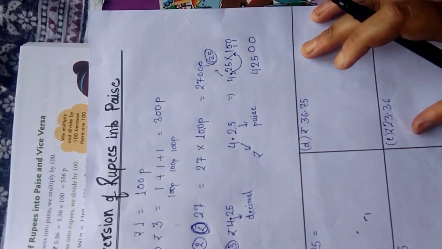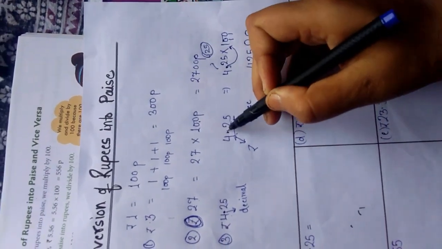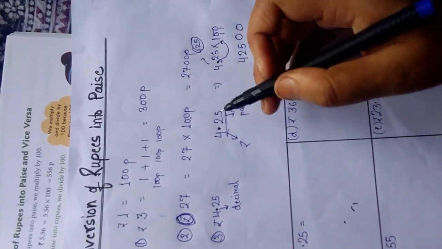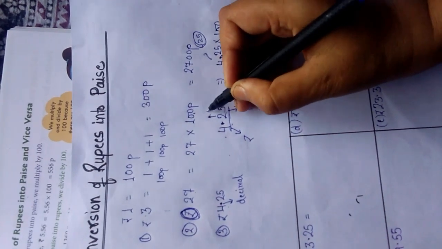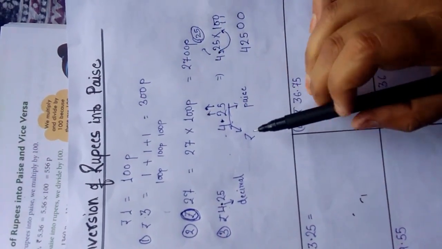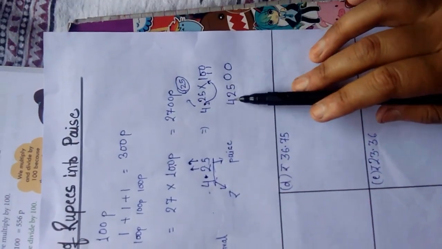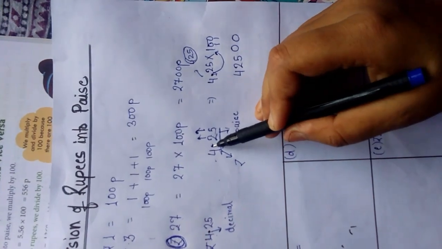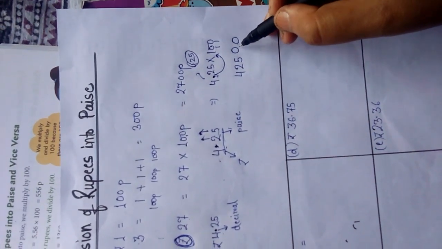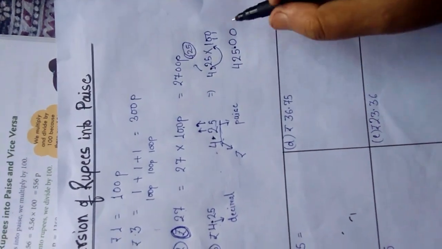425.00. Then dear students, as we can see, after the decimal there are two digits, 2 and 5. Hence when we multiply this number, we should place the decimal after two digits.